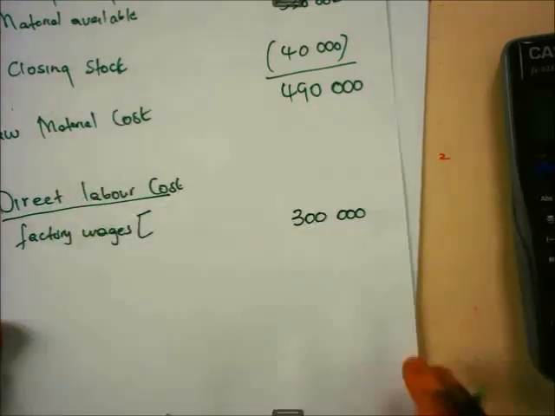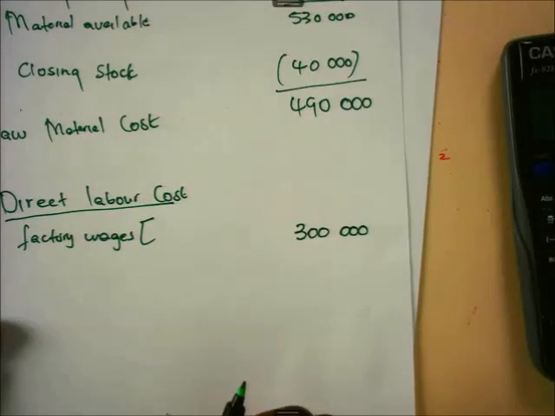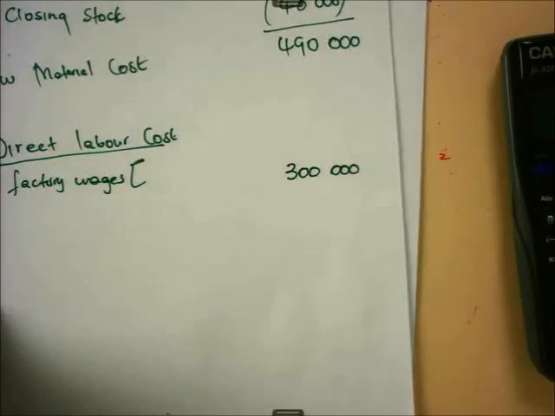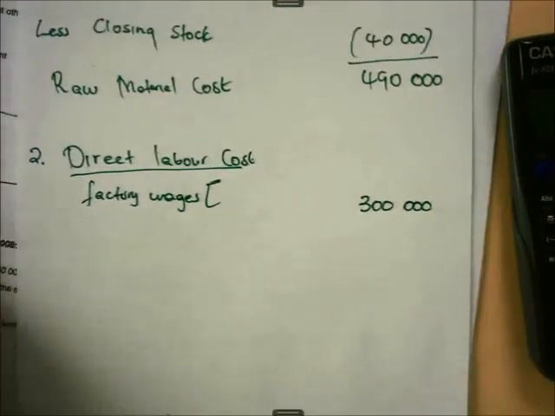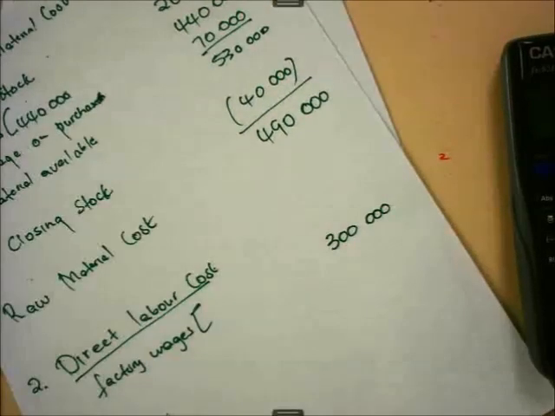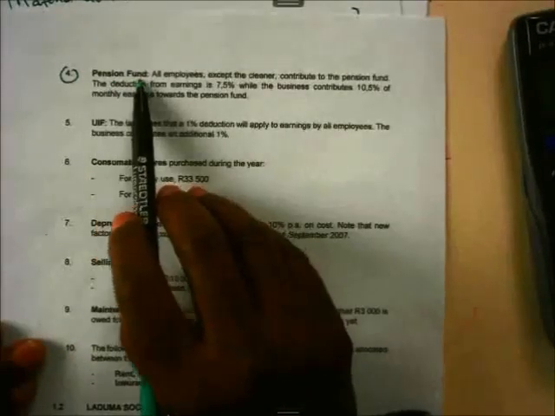Now this direct labor cost will be the factory wages plus the contributions made by the employer. Contributions such as the pension fund contribution, the UIF contribution, or the medical aid. But let's look at this activity to see whether we do have those costs as contributions. Information number 4. Pension fund.